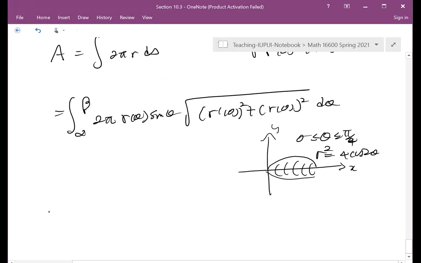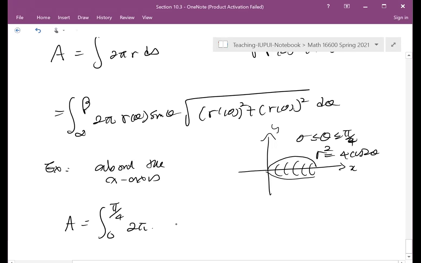you can set up the area. The rotation is about the x-axis. The area is going to be the integral from 0 to pi over 4 of 2 pi times r, where r is the square root of 4 cosine 2 theta, times sine theta, and then there's a square root of r squared, which is 4 cosine 2 theta.